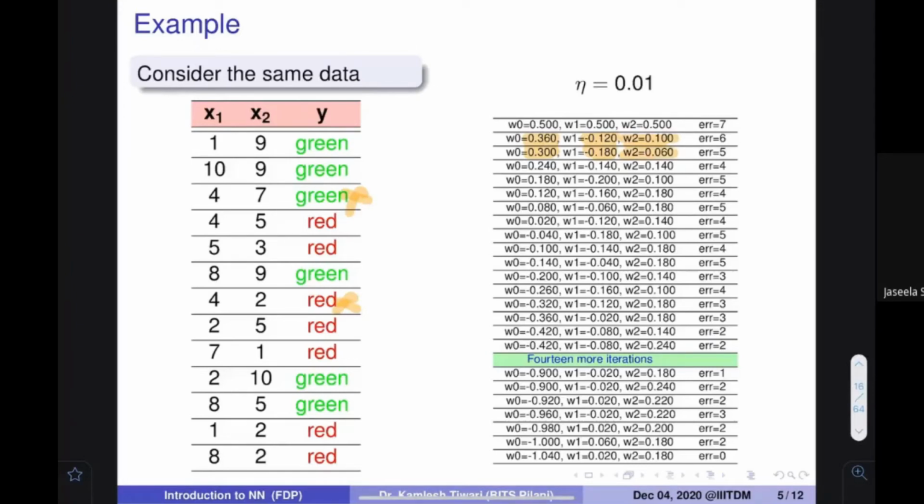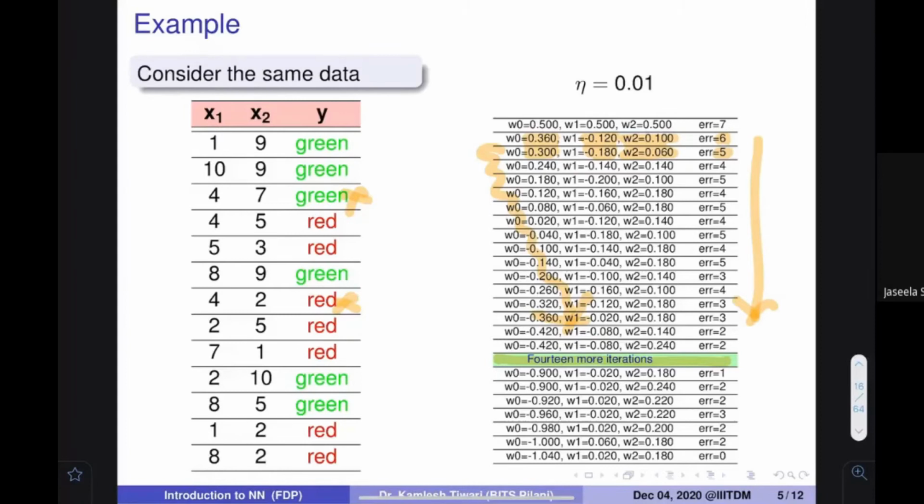It changes. From 6 errors it becomes 5 errors. So we keep modifying the weights in this way for 14 more iterations. All these values are real values that are shown to you. And then you see that the error was 7, then 6.